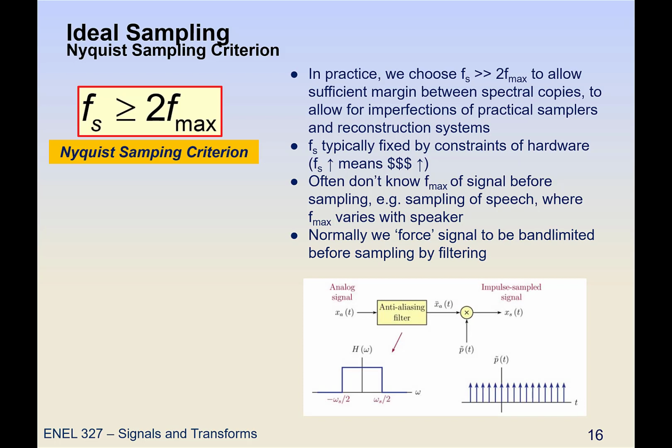And probably the biggest implication of this practically is that we've quote-unquote forced the signal to be band limited. What we do is we say, okay, I'm going to design my system for this maximum frequency, and the way I'm going to do it is, no matter what the signal is coming in, I'm going to filter it. What it's called is an anti-aliasing filter, and that is a fundamental component in any sampling system. So we have a transfer function.